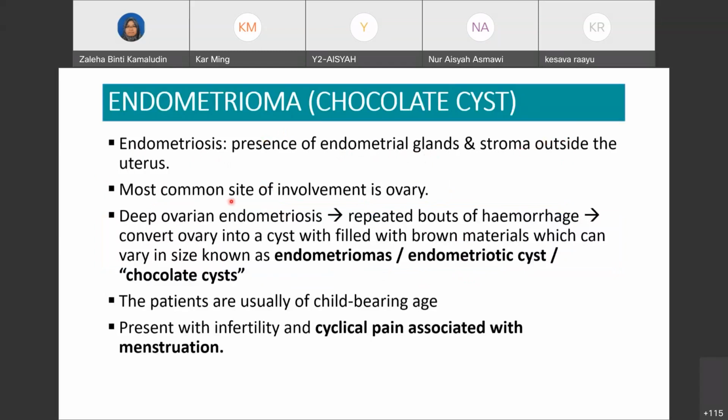The most common site of endometriosis is the ovaries, and the patients are usually of childbearing age. Some patients have a history of infertility with cyclical pain during the menses.